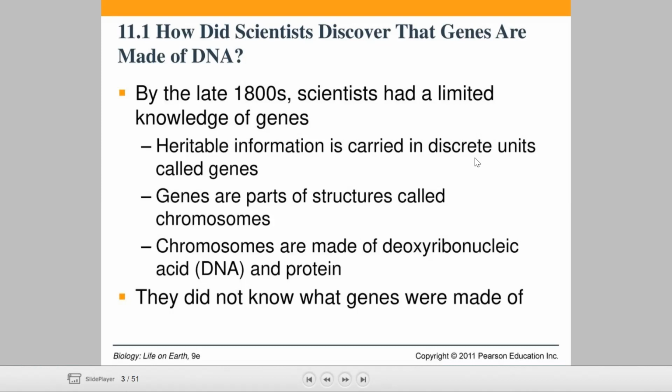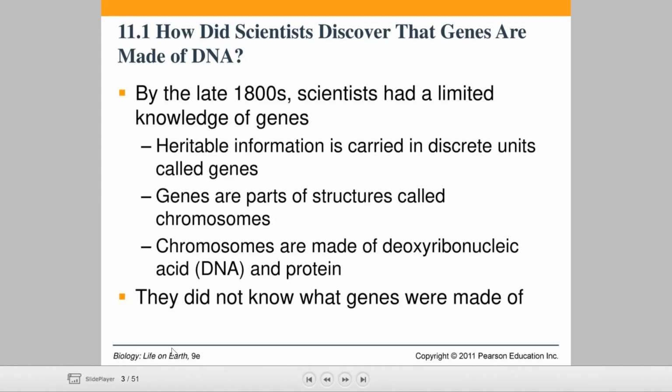We already gave genes a definition, but they did not know what genes were made of. Genes are parts of a structure called chromosome, and chromosomes are made of deoxyribonucleic acid, or DNA, and protein. This discovery came later on.